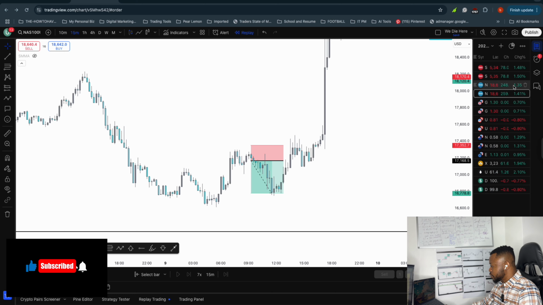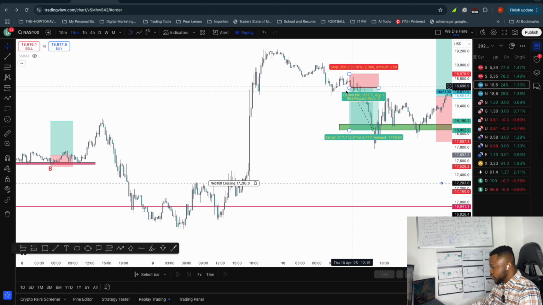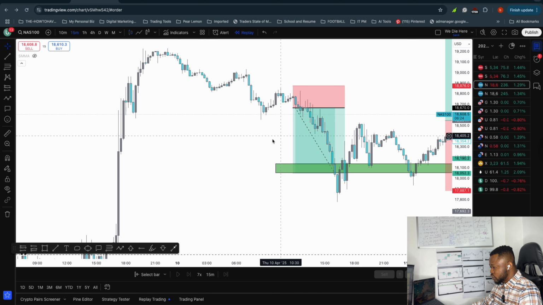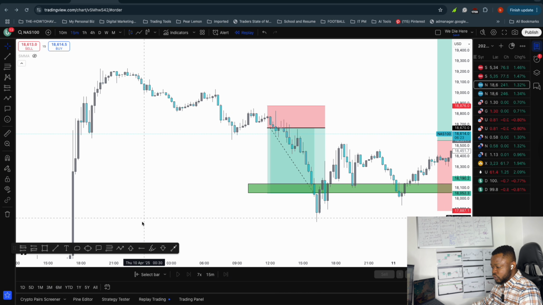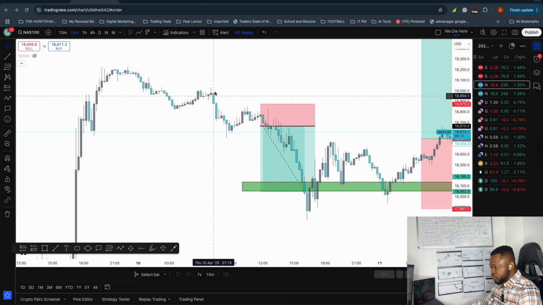On Thursday, I was able to take one more trade, which is this trade, which made me about 2% or 3%. Price did a sporadic move on Wednesday. Then on Thursday we had a bit of correction.